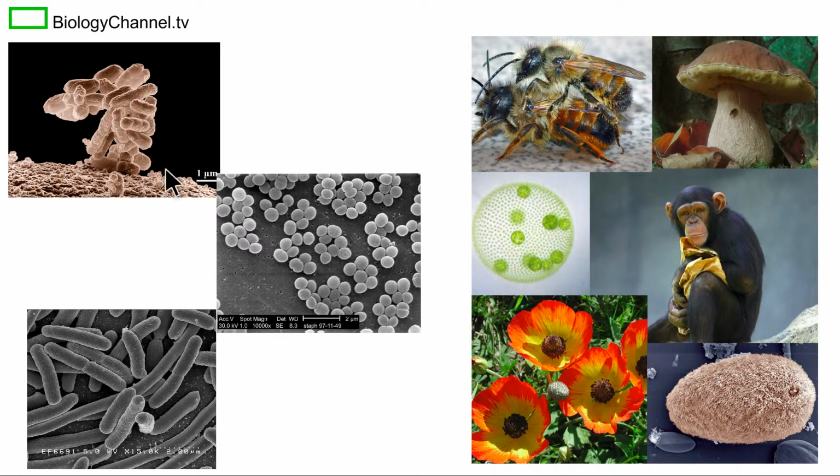On the right are eukaryote, animals, fungi, plants, green algae, and unicellular protozoa such as Euglena. You'll have noticed that the most complex organisms are composed of eukaryotic cells. Indeed, only eukaryotic cells are able to build such complex systems. Thus, eukaryotic cells are themselves the most complex cell types.